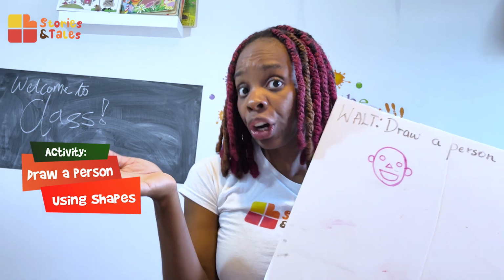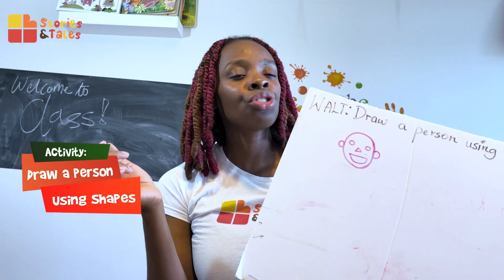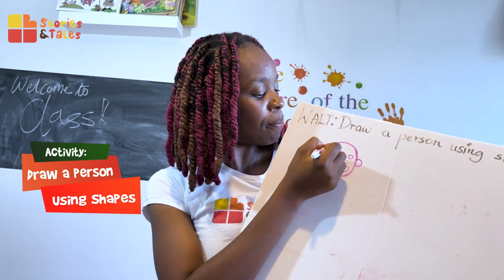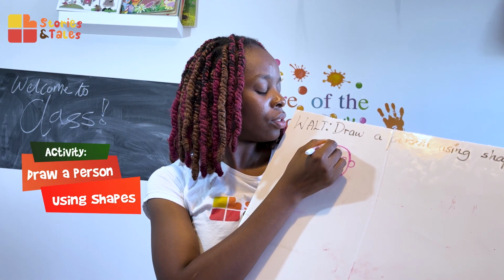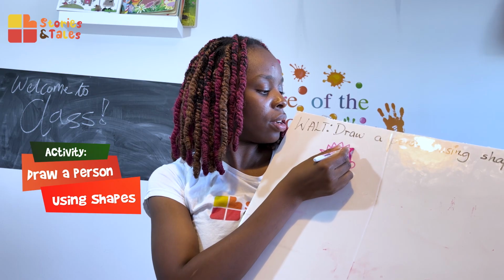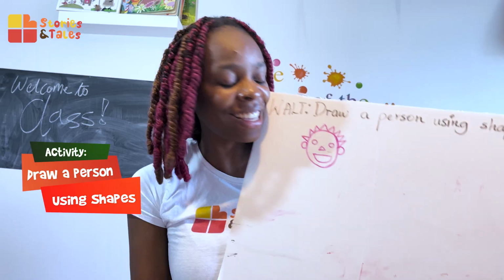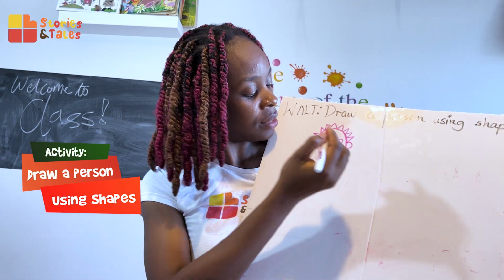We have to put hair for her. For the girl's hair, I would like to do triangles, like many, many triangles. So for example, you go triangle, triangle, triangle, triangle. Right? Okay, now let's go to the body.